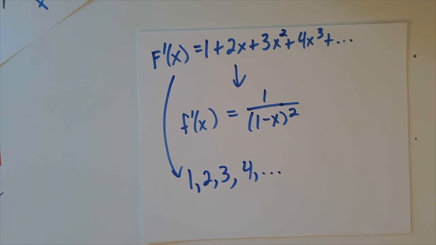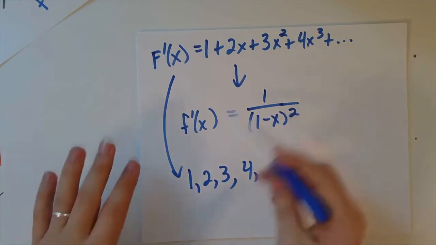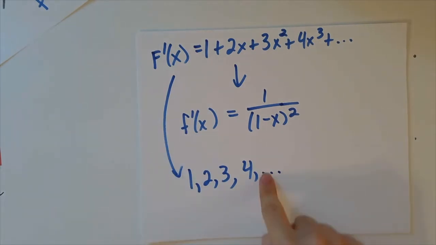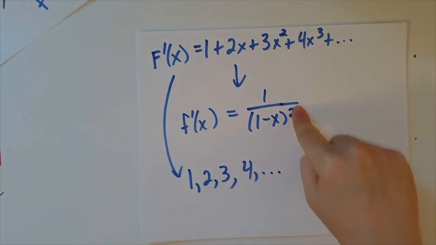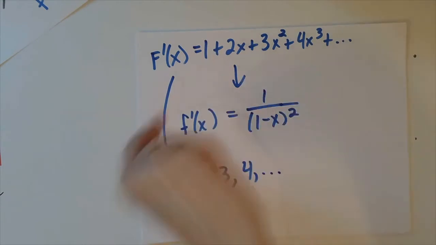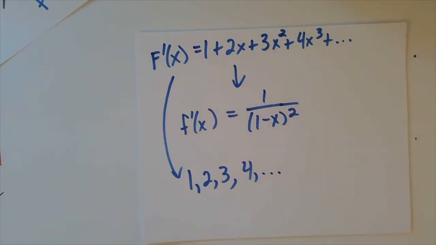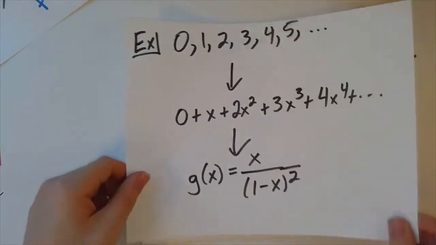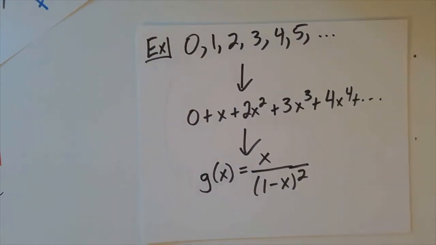Okay. So all of these pieces, again, we have a sequence, we have a function, we have a power series. They're all different ways of communicating the same information. But the example I said we would get to was this one.